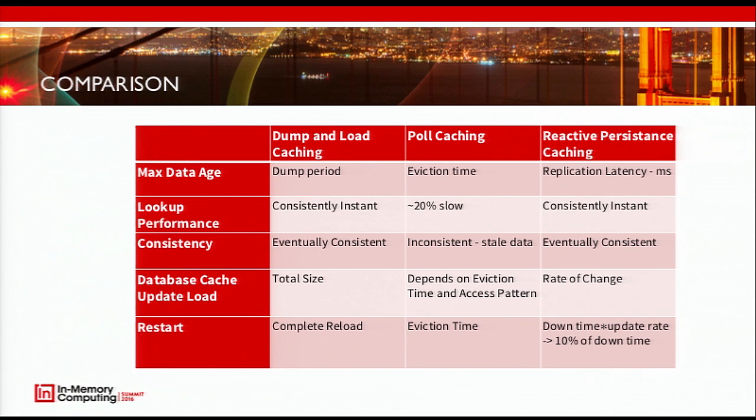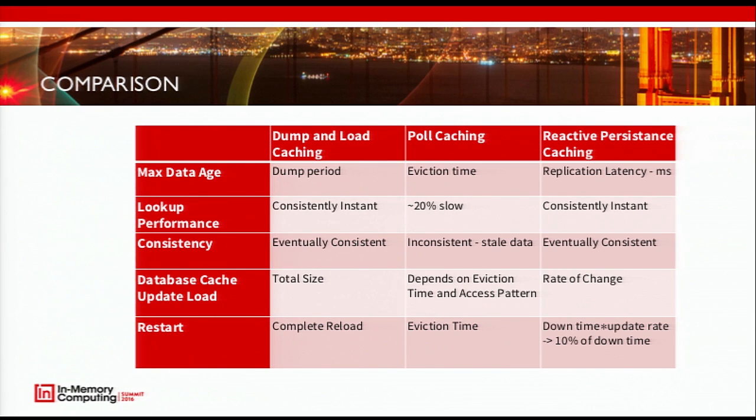If you look at the lookup performance of your application, you're consistently instant with dump and load because you have everything in your cache and you can use it instantly. You don't replace it. So it's always there. But if you look at the POL caching, it depends on how you use the cache, but it might be 20% of the times you will miss the cache and you have to reload it.